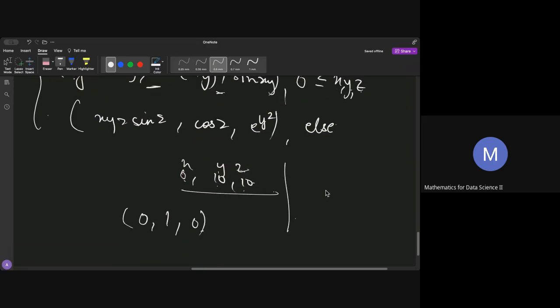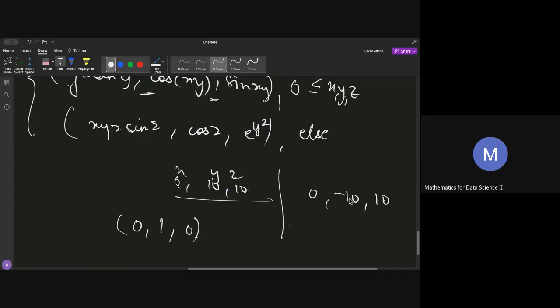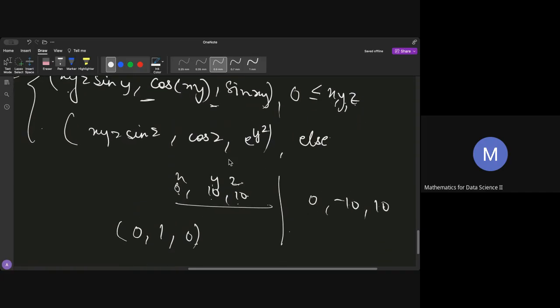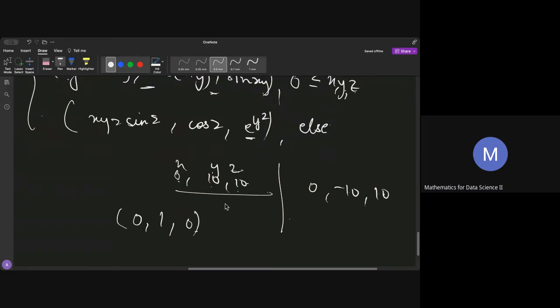Now let's say x equals 0, y equals minus 10, and z equals 10 again. This time, since x, y, z are not all greater than 0, I should be considering the other part of the function. So I put x equals 0, y equals minus 10, and z equals 10 in this function.